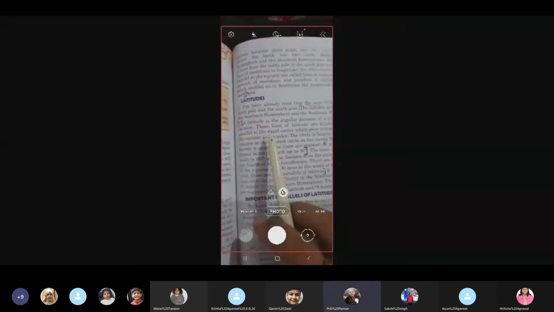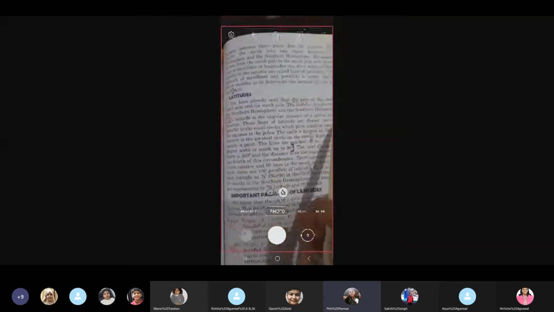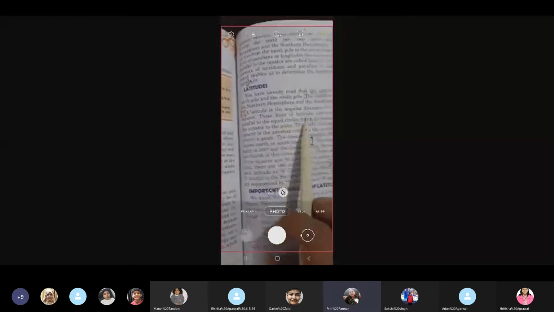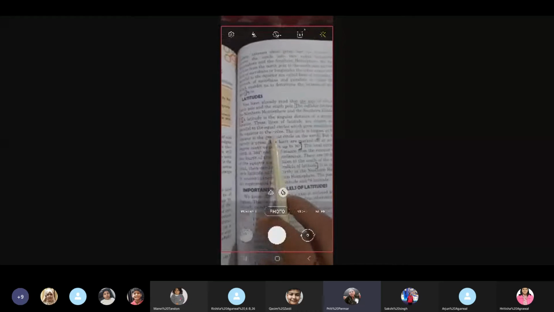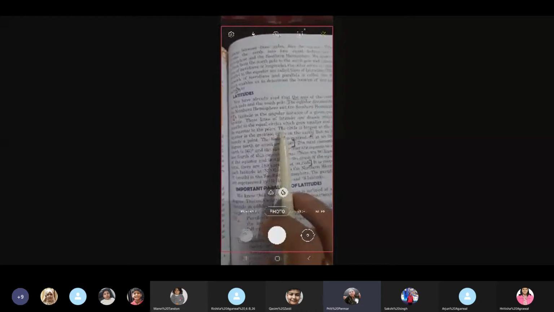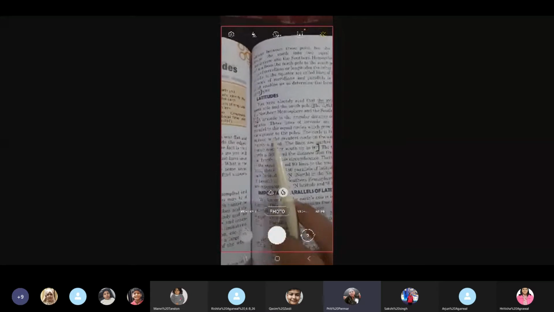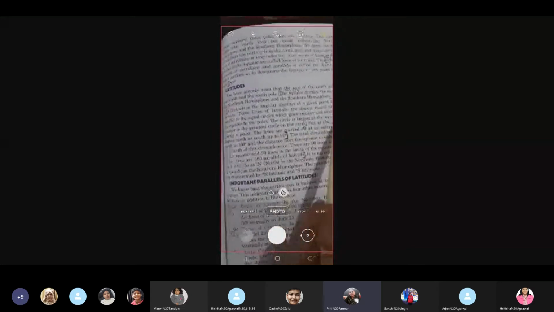A latitude is the angular distance of a given point from the equator. These lines of latitude are drawn round the earth parallel to the equator, as equal circles which grow smaller and smaller from the equator to the pole. The circle is largest at the equator.